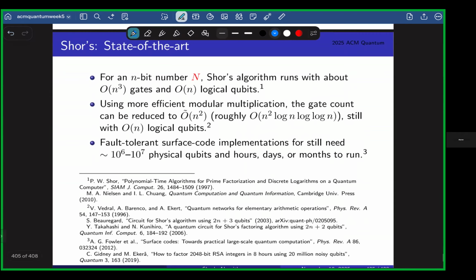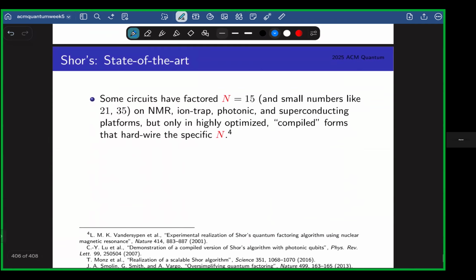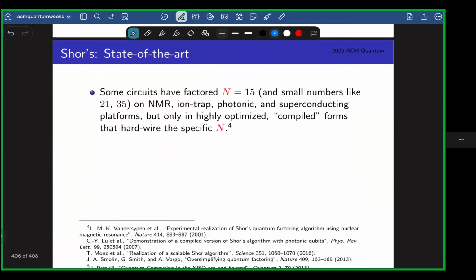And using some error correction codes, you need a lot more qubits. So it's gone from n to 100 million or 10 million, and it'll take hours, and it takes a long time to run. Some circuits have factored very small numbers, like n equals 15.